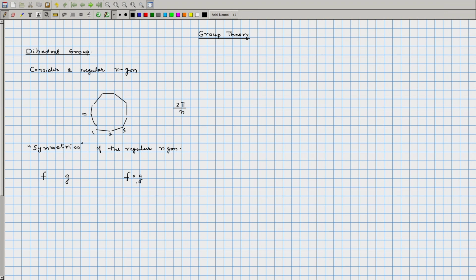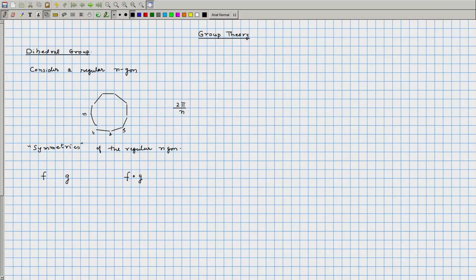There was one operation which left it unchanged. On the resulting thing, which was the same as the original one, again apply another operation, and that would give you back the original polygon itself. And therefore, if you combine two of them, they will naturally be a symmetry.